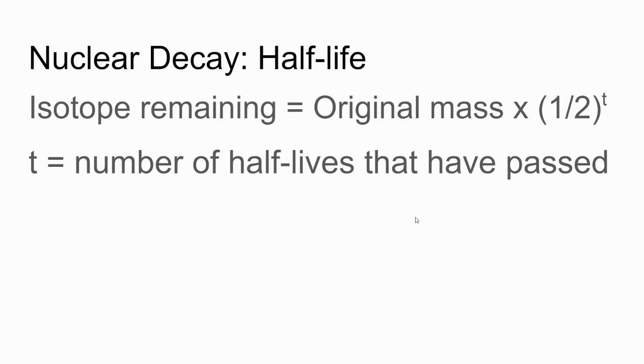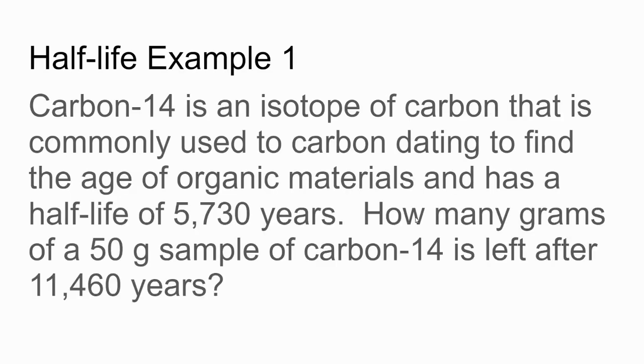And this t is the number of half-lives that have occurred. So basically, we're just taking our original mass, and however many half-lives we have, we're dividing by 2. So if I have 3 half-lives, then I'm going to divide my original mass by 2 3 times if 3 half-lives have occurred.